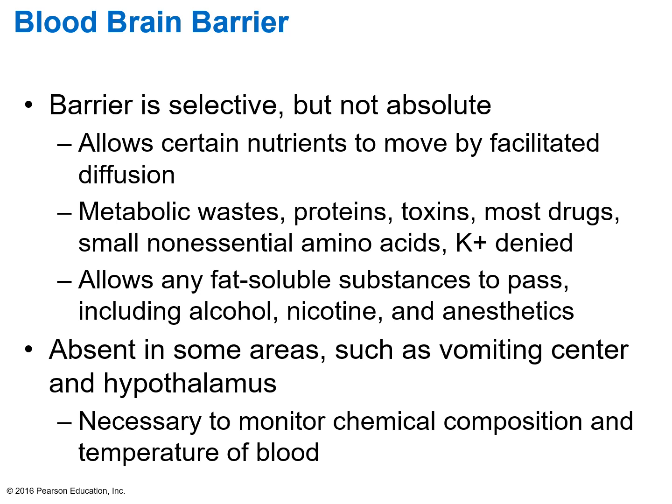Thinking about that, that would be necessary to monitor the chemical composition and temperature of the blood. So that vomiting center needs to know what substances we have going on in our body, and to be able to send a signal to expel it if we've become toxic. So that's why the barrier isn't there at that area.